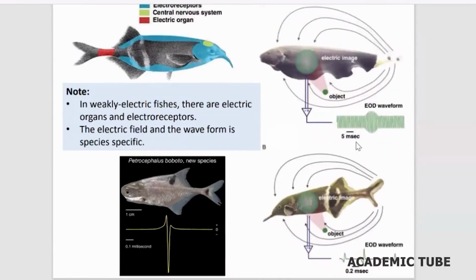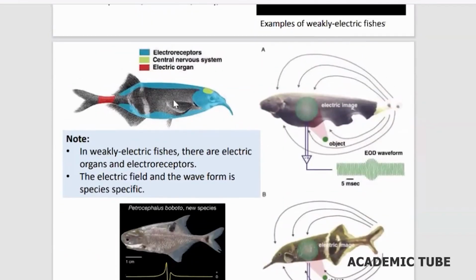Now see the African elephant nose weakly electric fish. Now this red area at the base of the caudal fin is the area that produces the electric field. So this area is known as the electric organ.